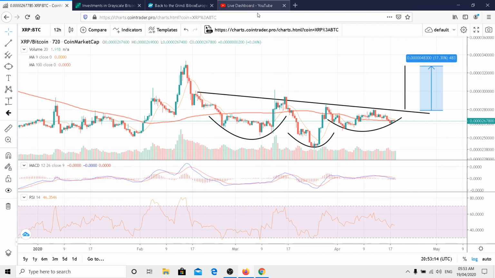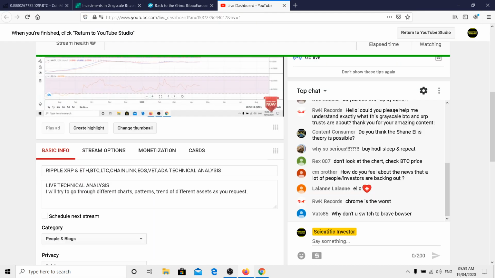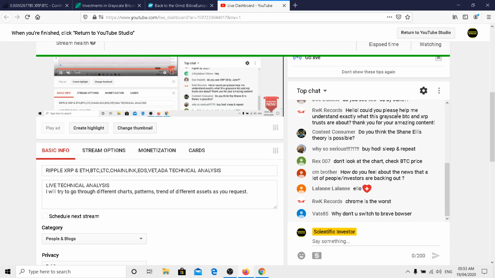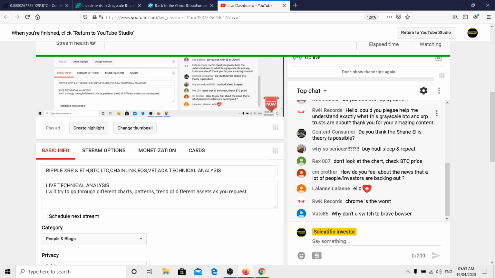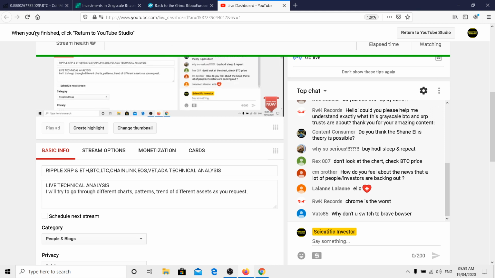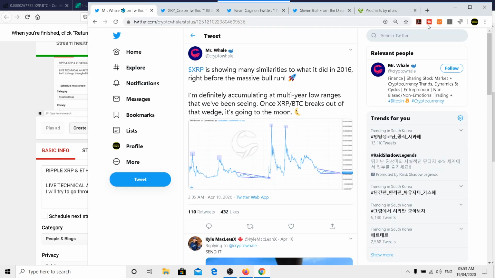Now, I was checking the charts of others as well, like XLM, Ether, and all, and they are moving up. Say, for example, Tezos just pumped 10%. And I got the notification from my eToro that Tezos just pumped. That was last night, 4 or 5 hours ago.